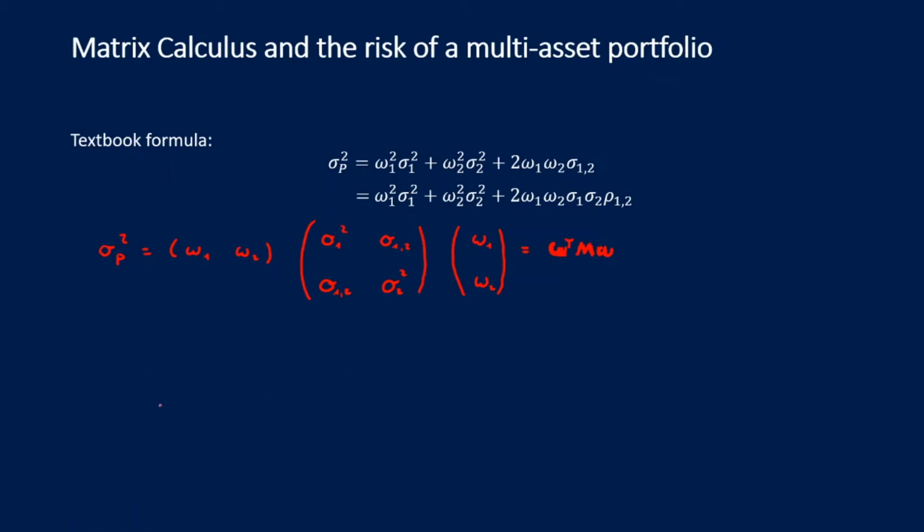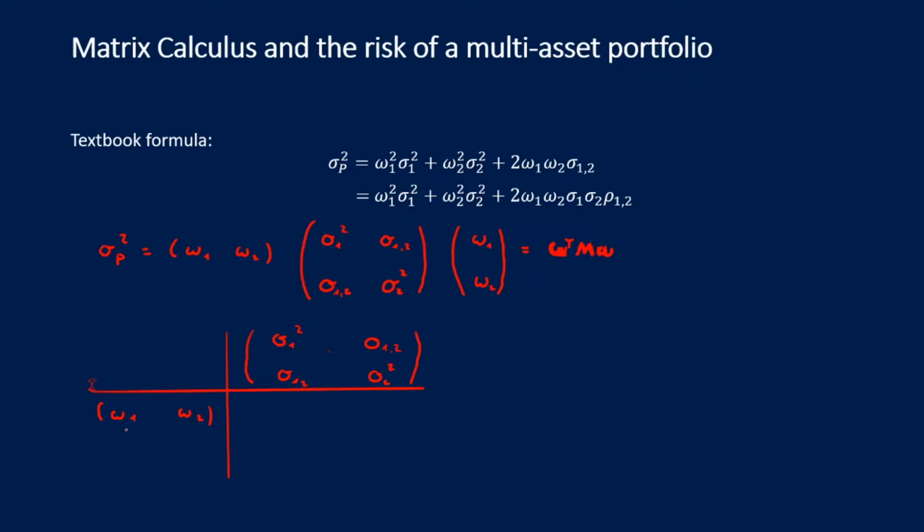I'll take the left part now, omega 1 and omega 2, and here I put the matrix: sigma 1 squared, sigma 1 2, sigma 1 2, and sigma 2 squared.